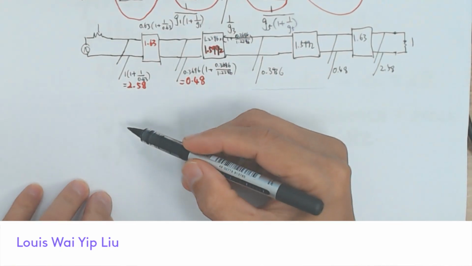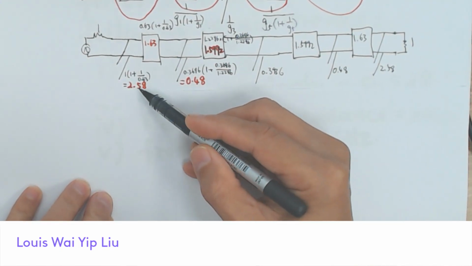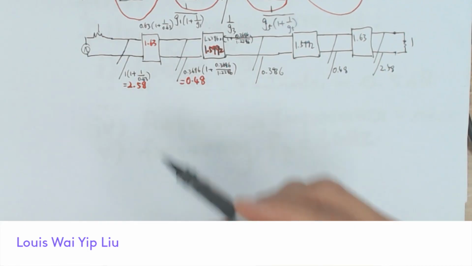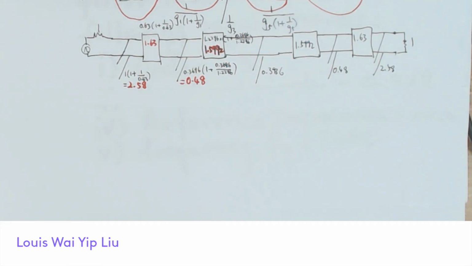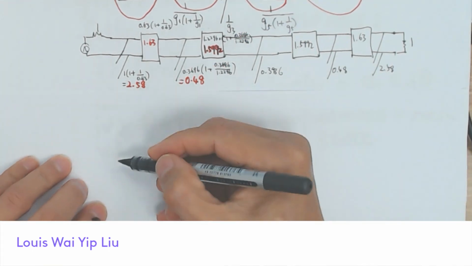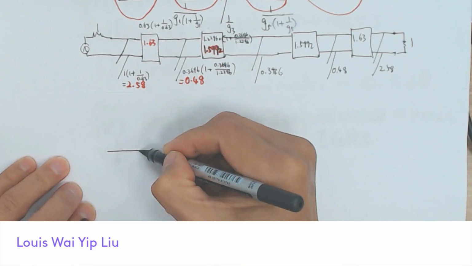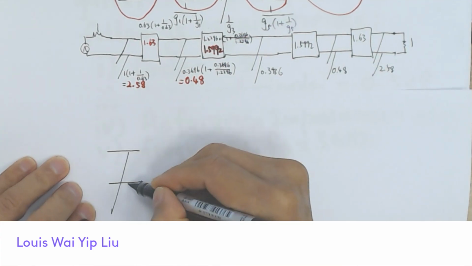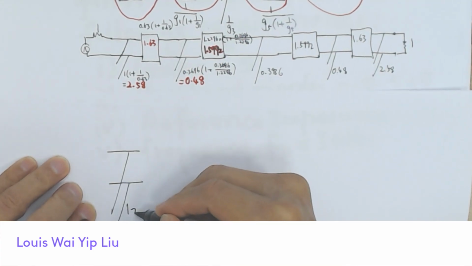So this one here will be 2.58 times 50, 129.